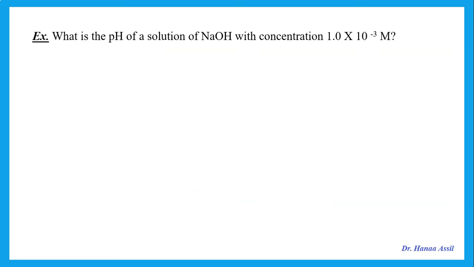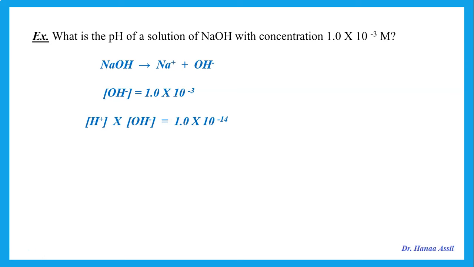So if we say what is the pH of a solution of sodium hydroxide, and we want pH, the sodium hydroxide concentration of this. Now we know that sodium hydroxide would ionize to give sodium ions and OH minus. Now if we say that the concentration of sodium hydroxide is 10 to the minus 3, this is the same as the concentration of the hydroxide ions, because each sodium hydroxide gives one hydroxide ion.